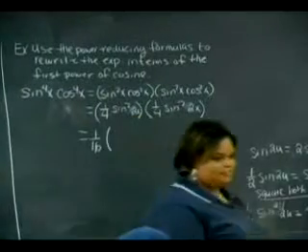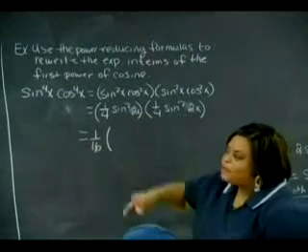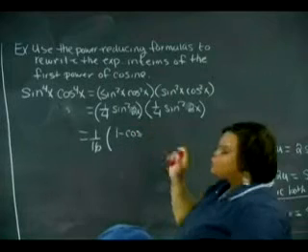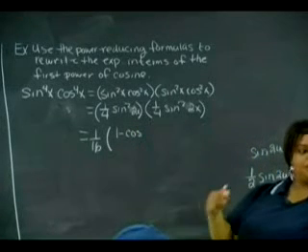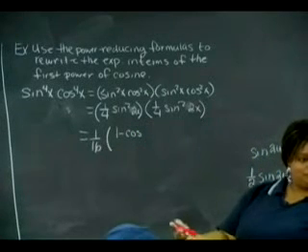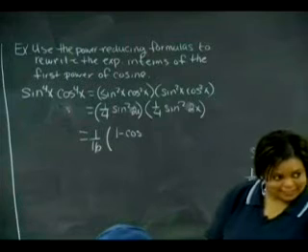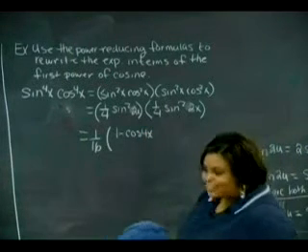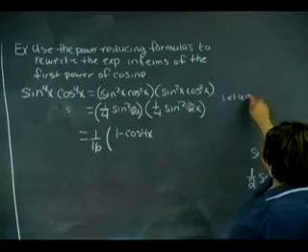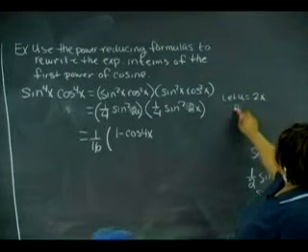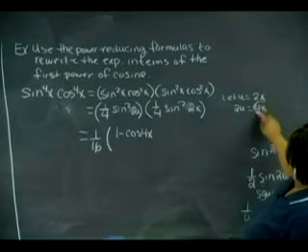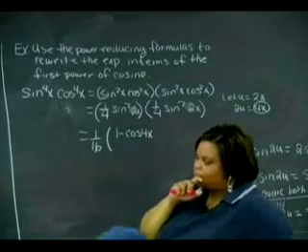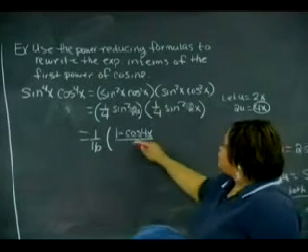Sine squared u, our u over here is 2x. So in following that formula, I have 1 minus cosine 2 times u. If u is 2x, then what is 2 times u? 4 what? X. Here, if I let u be 2x, then 2u is 4x. And that is what goes in that problem over there. 1 minus cosine 2u over 2.